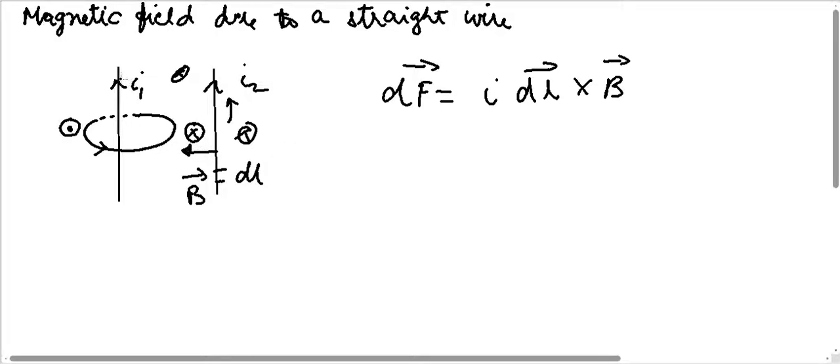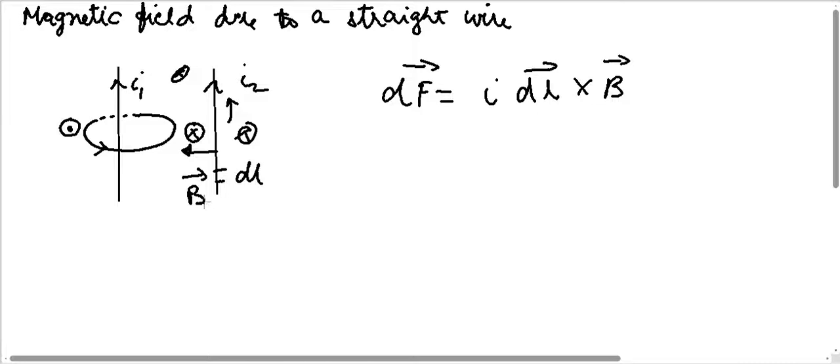That means this wire attracts the other wire, because it experiences a force towards it. So that concludes that if I have two parallel wires carrying current in the same direction, they will start attracting each other because of the magnetic field they produce.